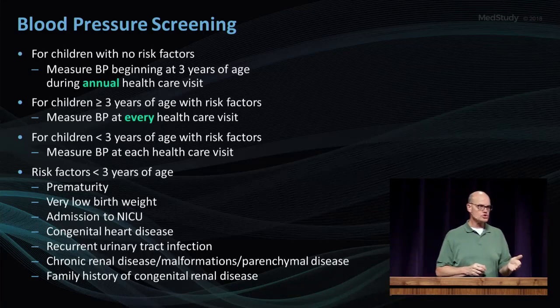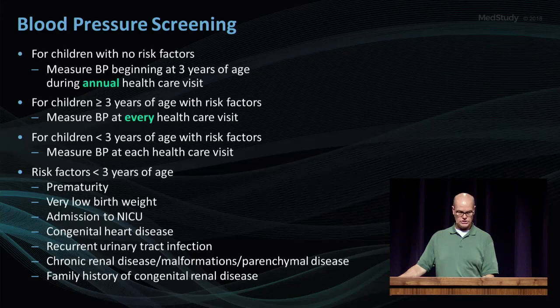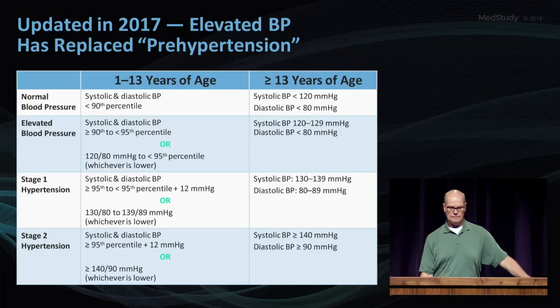A male with posterior urethral valves, for example, and any family history of chronic renal disease as well. Remember that the term elevated blood pressure has replaced pre-hypertension. Here are the normal blood pressures for the age group that we are talking about now.